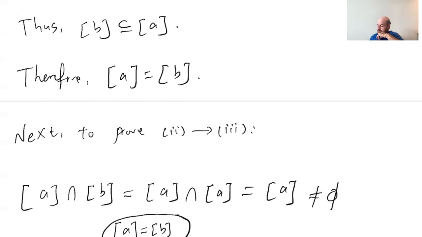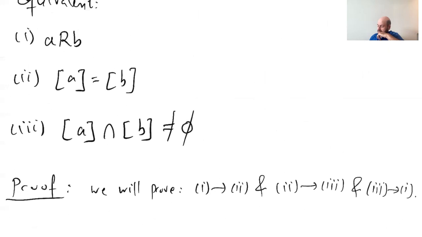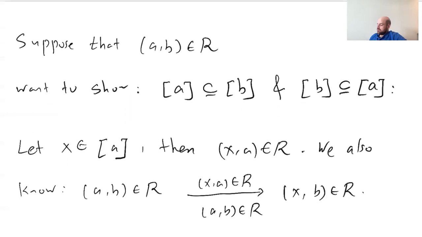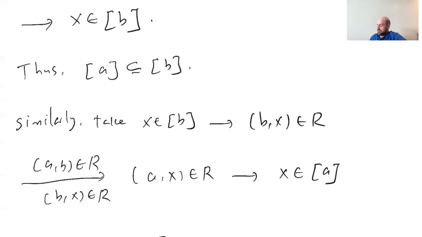So one way was, we could say that equivalence class of A equals equivalence class of B if and only if the intersection is non-empty. We could also say this as equivalence class of A is different than equivalence class of B if and only if their intersection is the empty set. So this is another way to talk about the equivalence of these two conditions, 2 and 3.